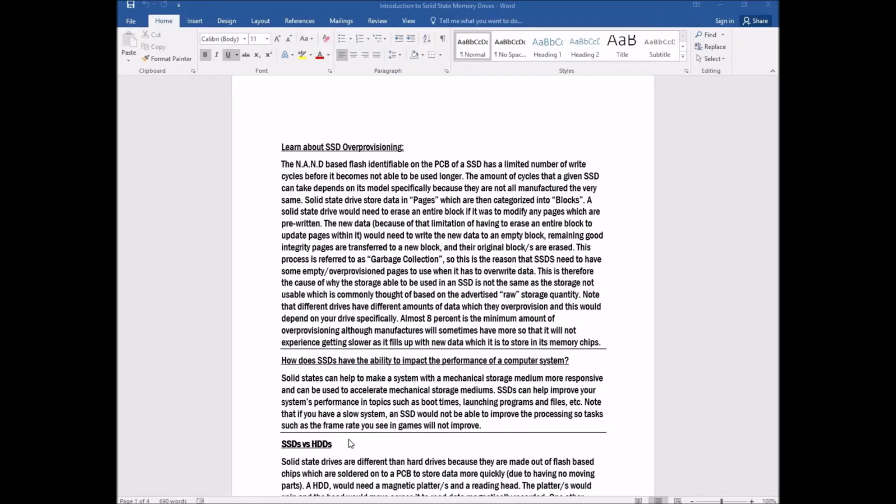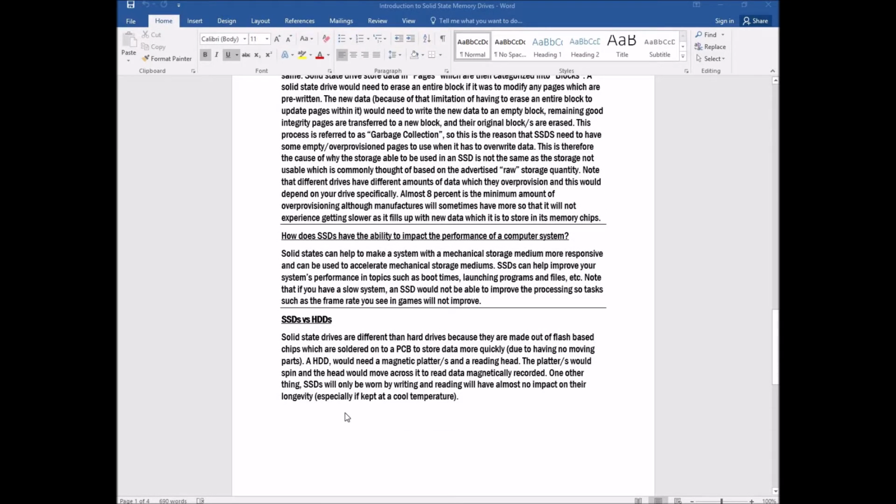They can help improve your system's performance in areas such as boot times, launching programs and files, etc. Note that if you have a slow or older system, a solid-state drive will not improve the processing element, so tasks such as the frame rate you see in games won't see an improvement.